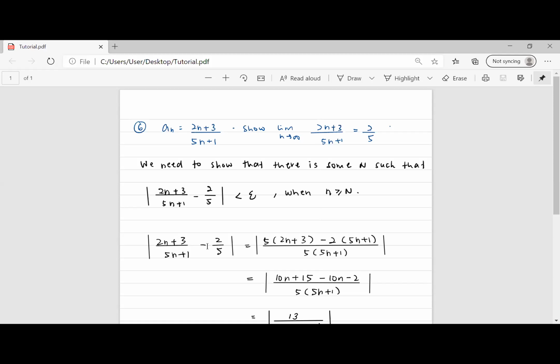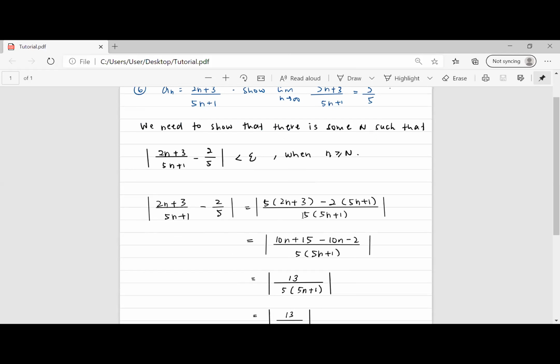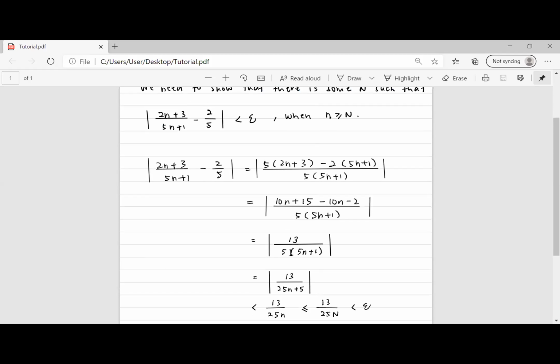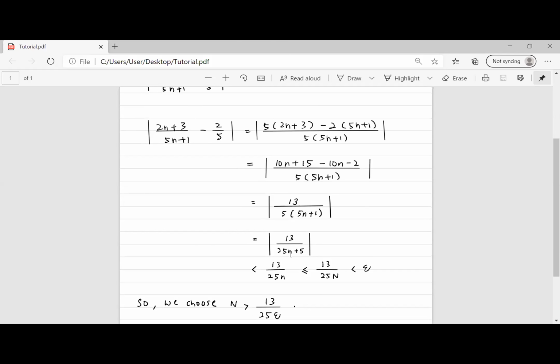This is f_n(x) minus f(x), the limit of f_n(x). 2/5 is the limit. So it is equal to, we expand with the same denominator, and then we get 13 over 25n plus 5, where this is less than, we can see that 25n plus 5 is greater than 25n.